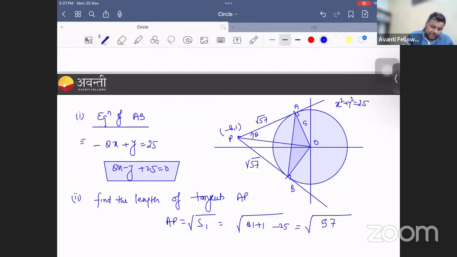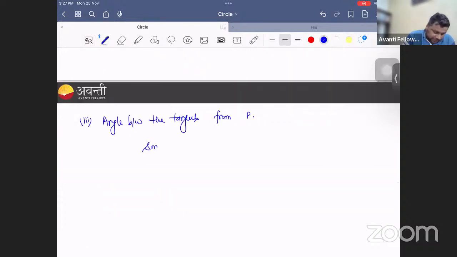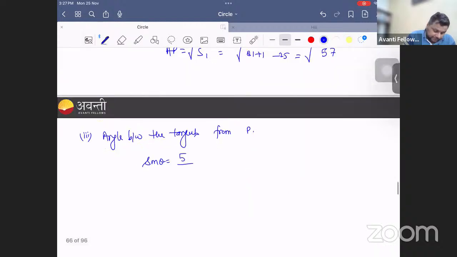The radius of the circle is 5. So you know sine theta is going to be 5 upon root 57.